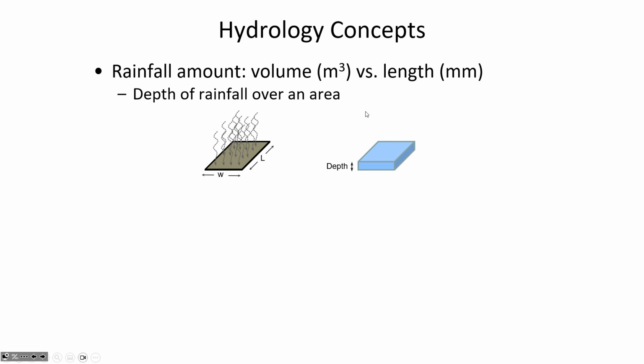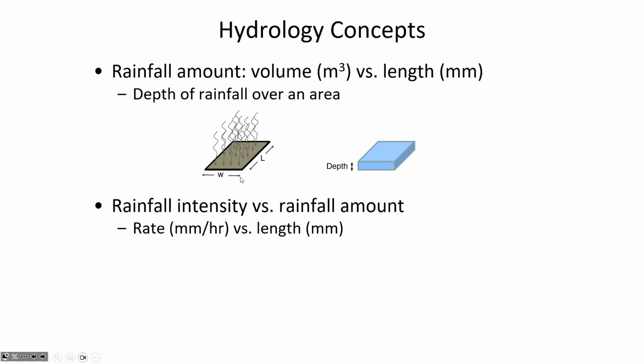You know, if the parking lot is 5 acres and there's 3 inches of rain, then we could say that's 15 acre inches. And we could convert that from acre inches into cubic feet or into gallons, but it's just rainfall depth expressed over an area that you can get a volume from. Volume is area times depth.